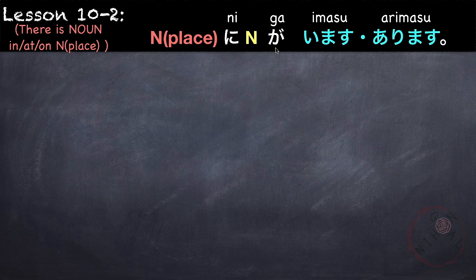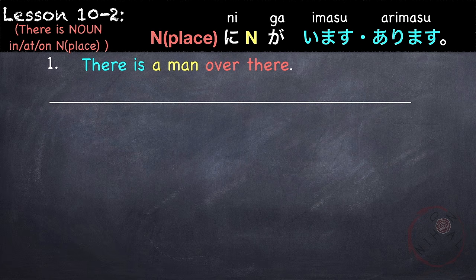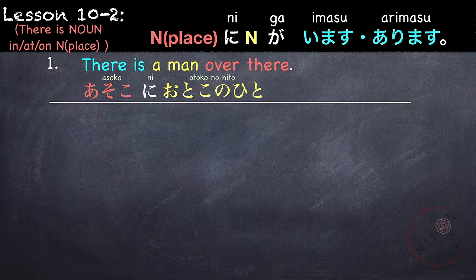Noun ga imasu or arimasu. For example, there is a man over there. Over there is asoko, followed by the particle ni and our noun otoko no hito, and then ga imasu.